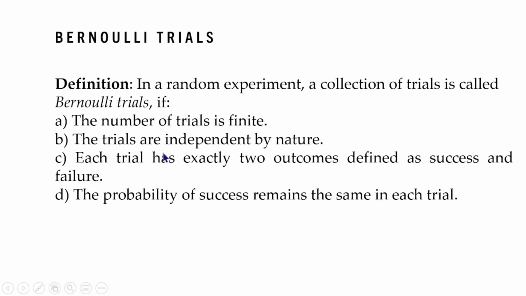On the other hand, if the drawing is with replacement, then those trials are Bernoulli trials. And each trial should have exactly 2 outcomes, namely success and failure, and the probability of success should remain the same in each trial.